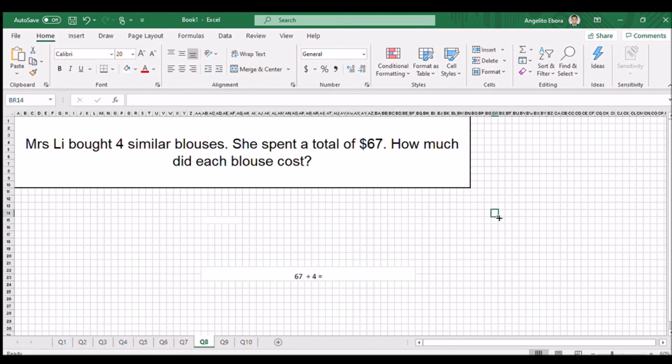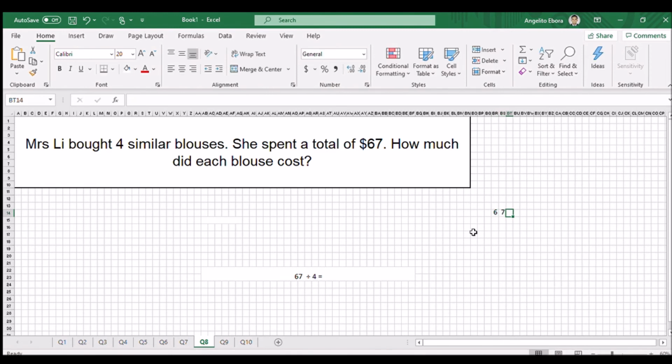Okay, so we need to use long division to solve this problem. 67 divided by 4. Okay, so again, divide the digits one by one.